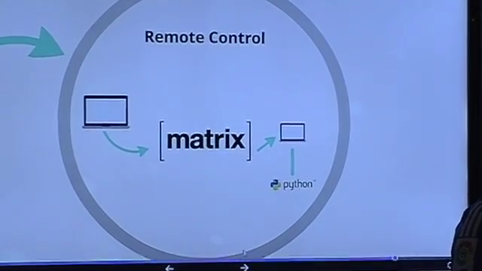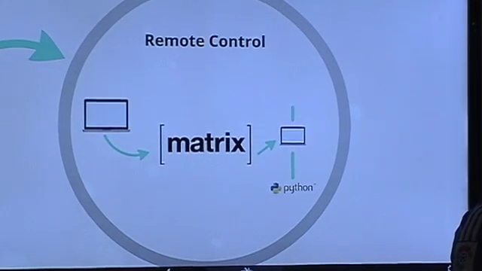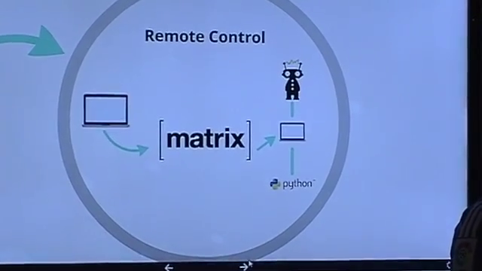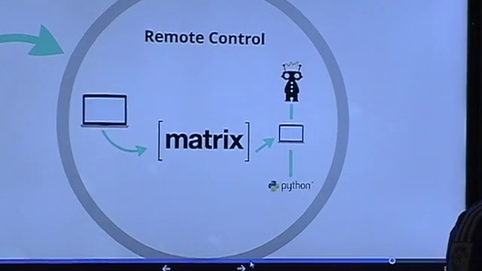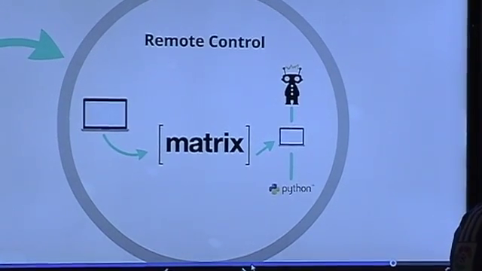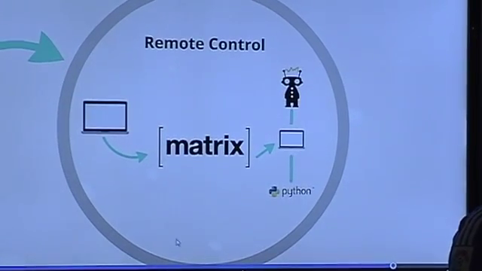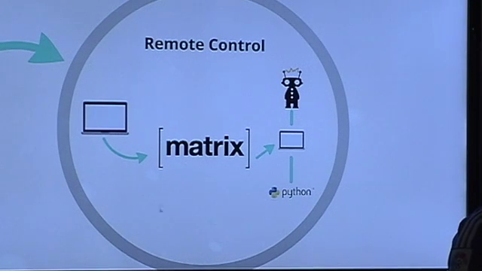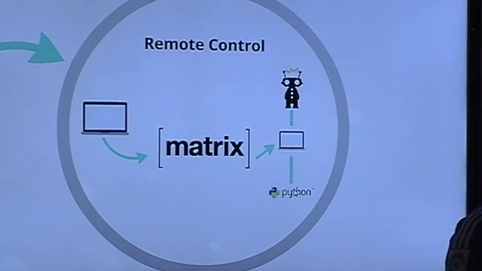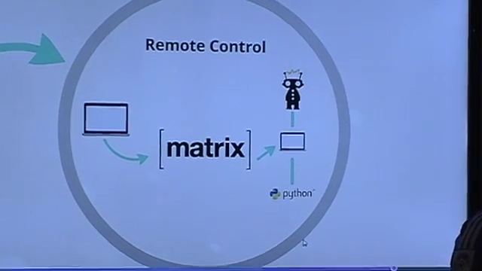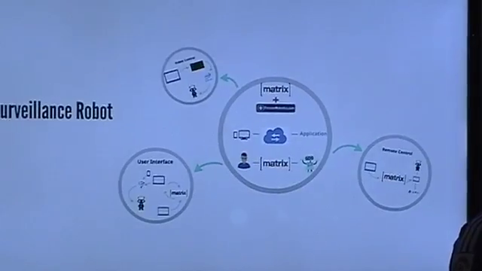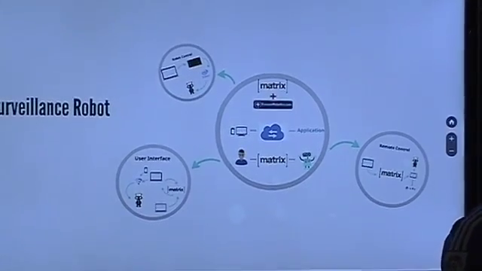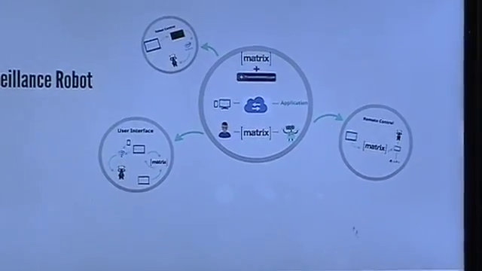A computer using Python runs a script all the time, listening to that chat room, reading the commands entered in that chat room, and using those commands to control the robot. And we're going to show how the robot works.